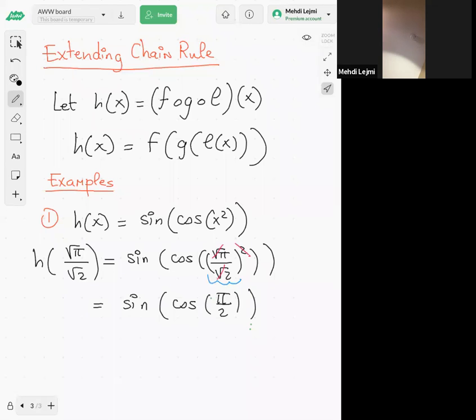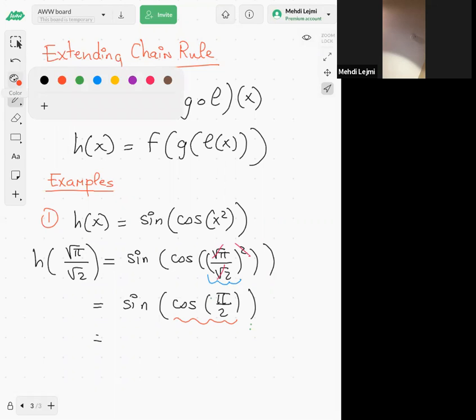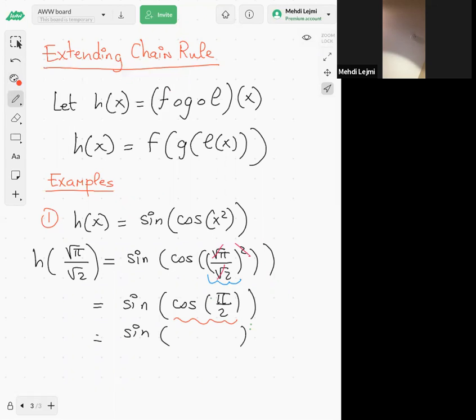Now I have to do the next parenthesis inside, which is cosine of pi over 2. Pi over 2 is 90 degrees, so cosine of 90 degrees is just 0. So this is sine of 0, and since the sine of 0 is 0, the answer here would be 0.